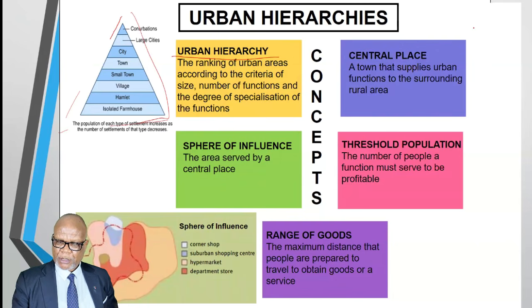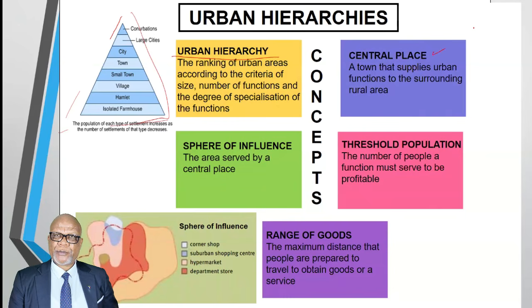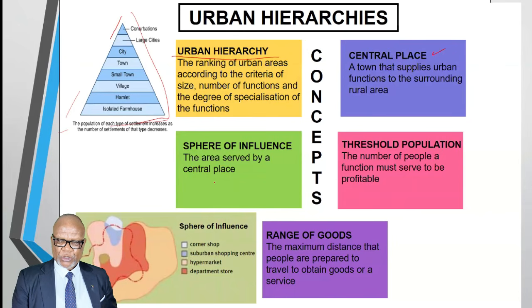And then we said a central place town is a provider that provides goods and services to the surrounding rural area. And then we have sphere of influence. What is a sphere of influence? The area served by a central place. So if you have a town here, this is the city boundary.